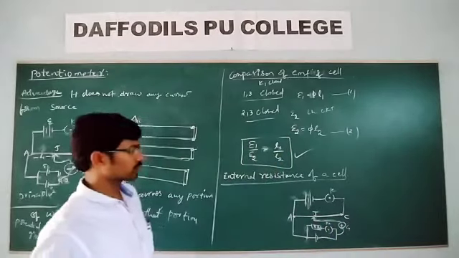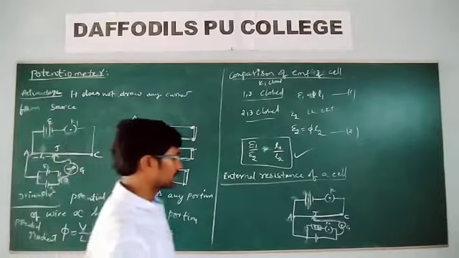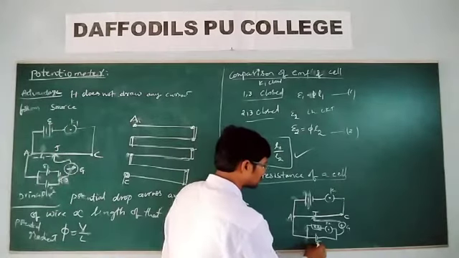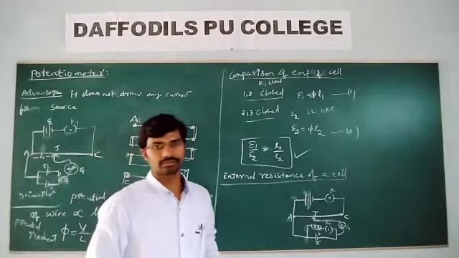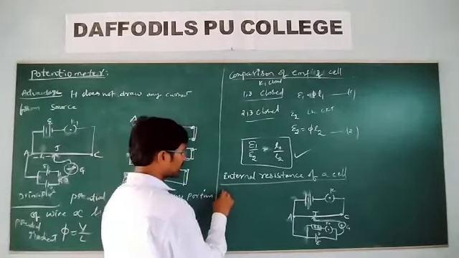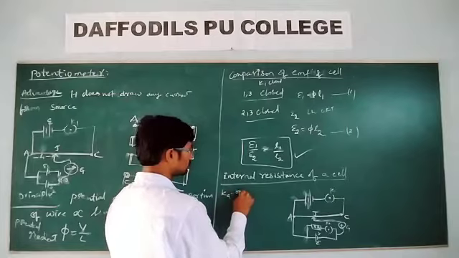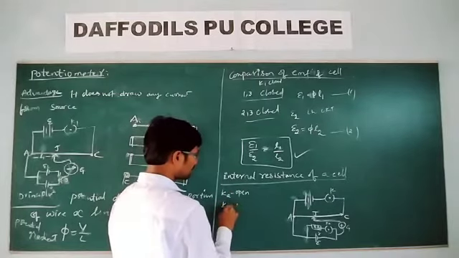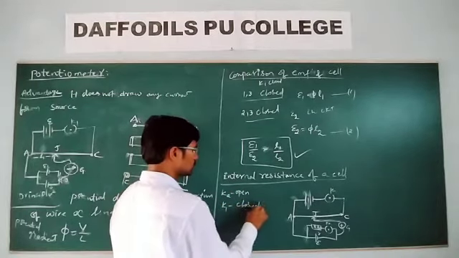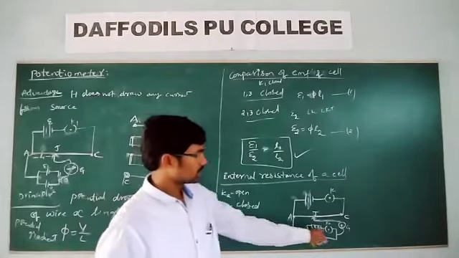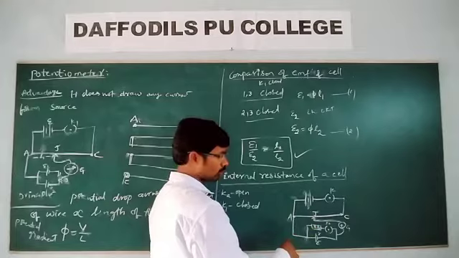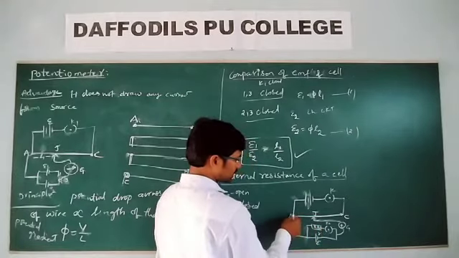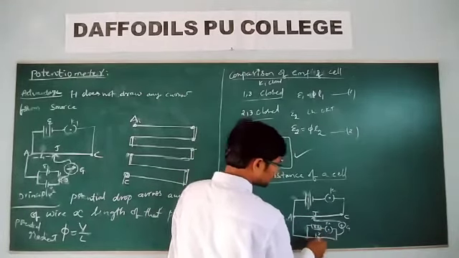So this is the circuit diagram to determine the EMF E and internal resistance r. How do we find it? First, K2 is open and K1 is closed. K1 closed means current flows in the circuit, but when K2 is open, the current flows only through the cell.